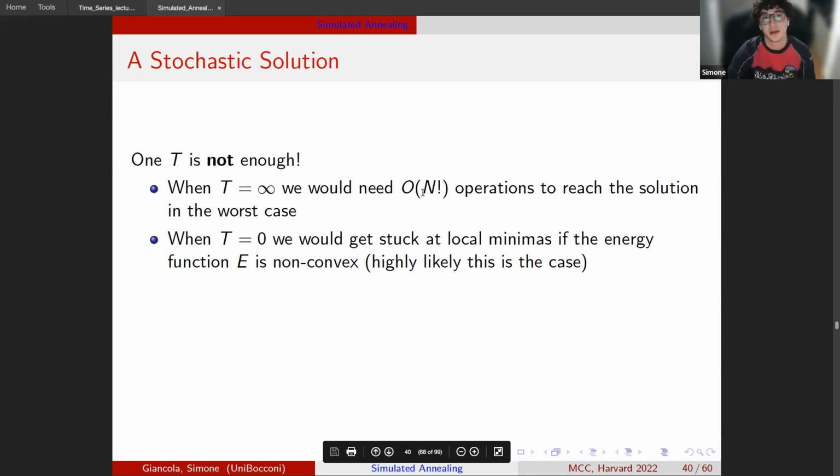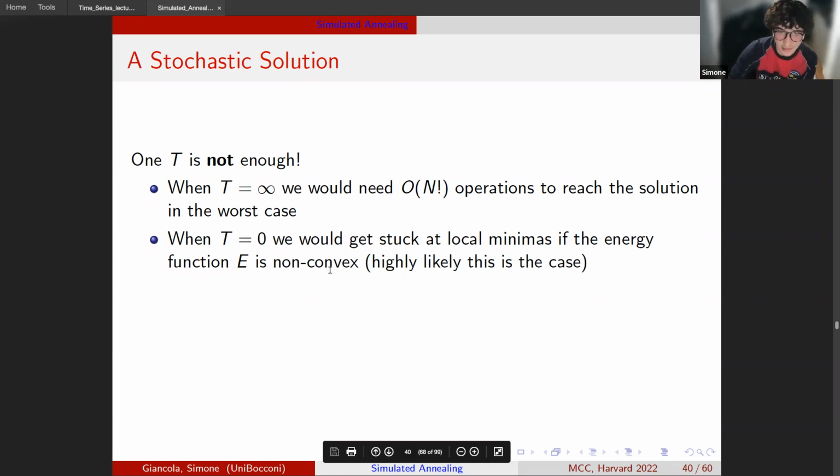In the case in which t is equal to 0, the distribution peaks at the minimum distance route, but yet the decision rule becomes very strict. So we only accept proposals that lower the distance, and we get stuck at local minima if the function is non-convex, meaning that it has ups and downs and is not like a perfect cup.